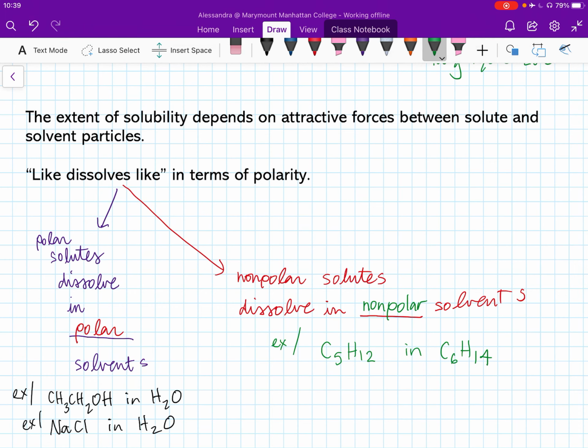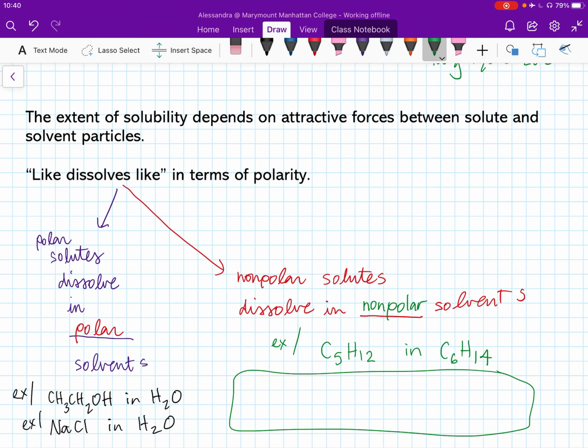Both of these are nonpolar. They are going to be dissolving in each other because all they have is London dispersion forces at play. Now, if I tried to dissolve pentane in water, it wouldn't work. I can't get those two to dissolve in each other. So we would have them be immiscible.